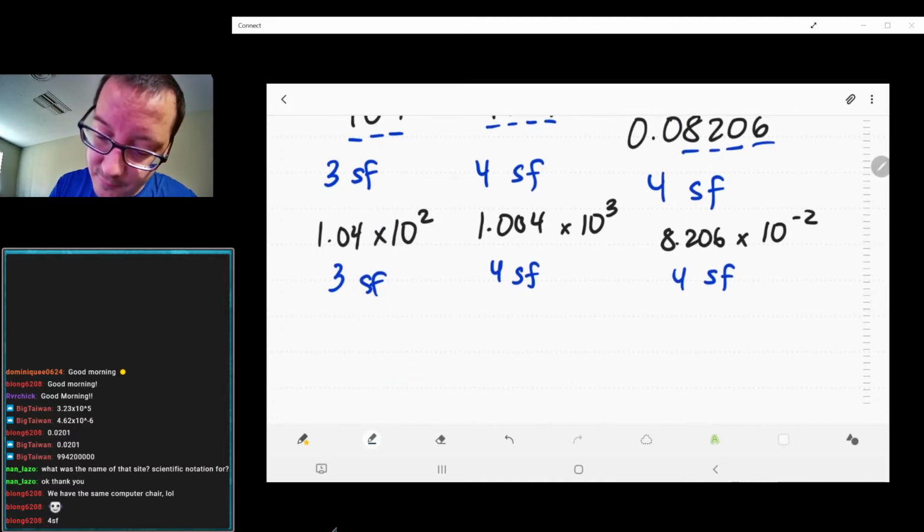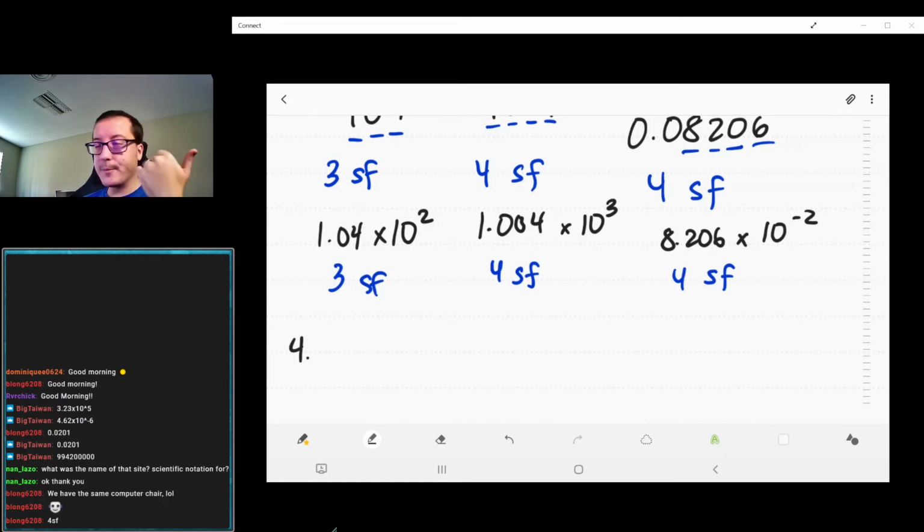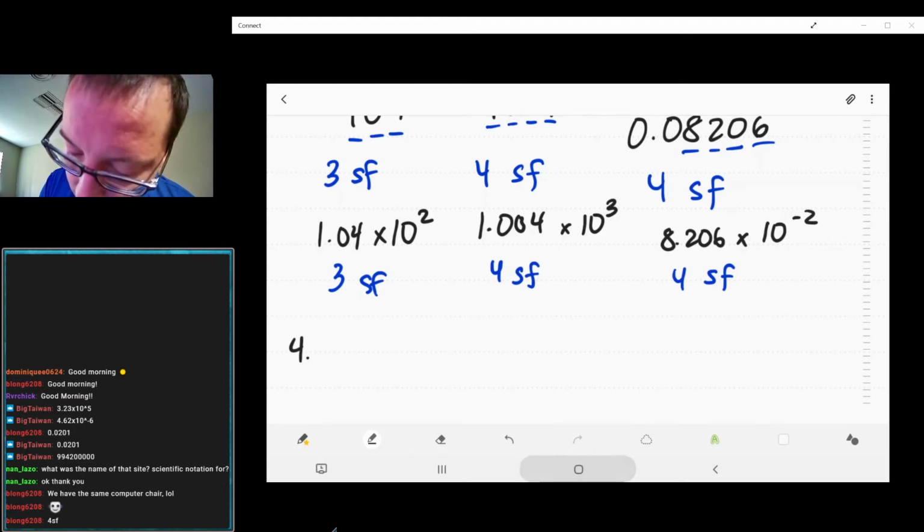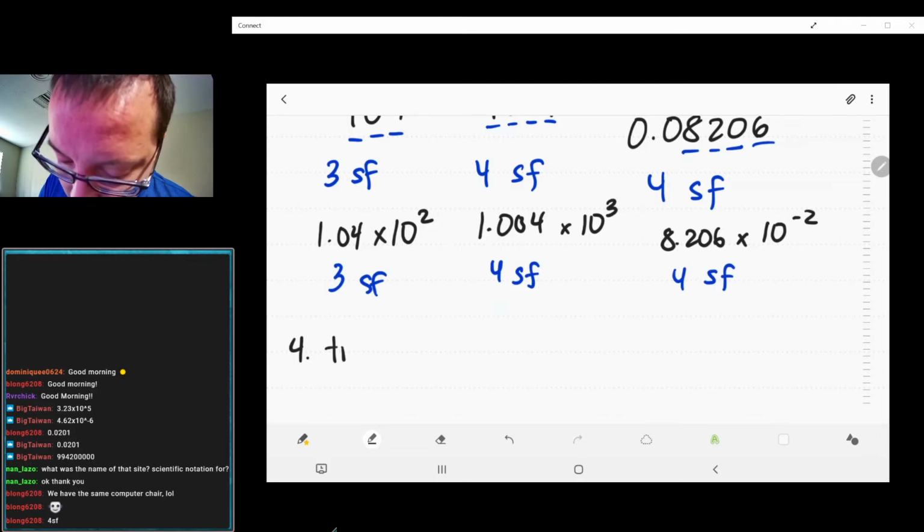Here comes the 4th rule. We have talked about non-zeros. We've talked about zeros before a number. We have talked about zeros in the middle of a number. And so the last case, of course, is going to be zeros after a number, which we call trailing zeros.